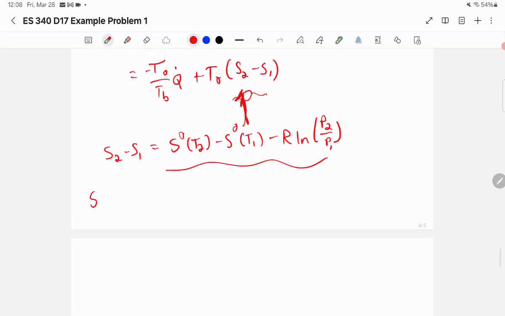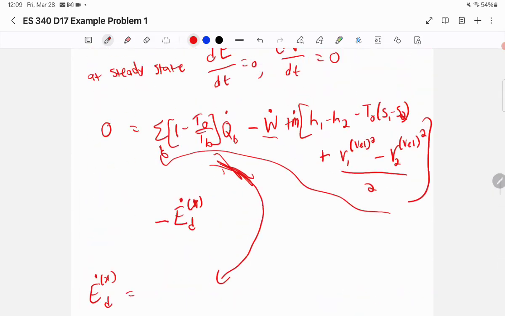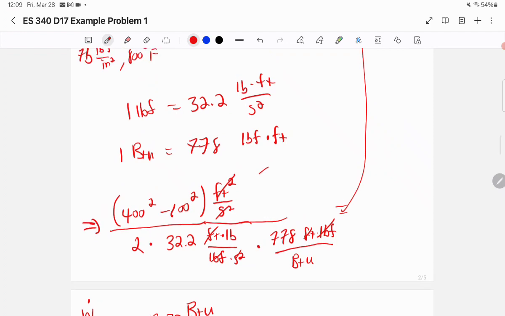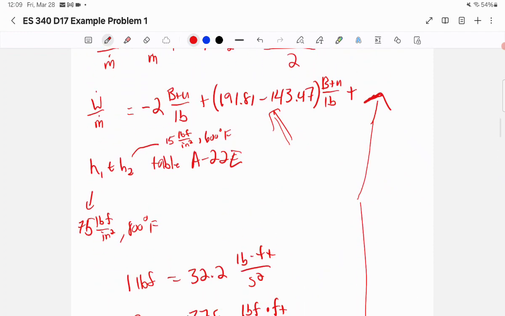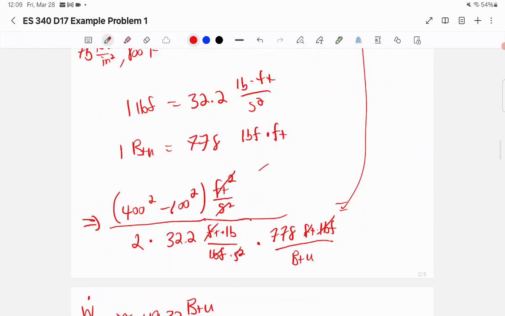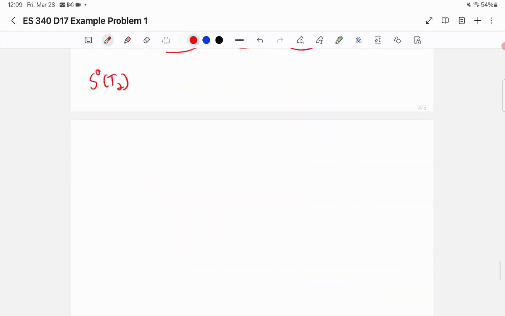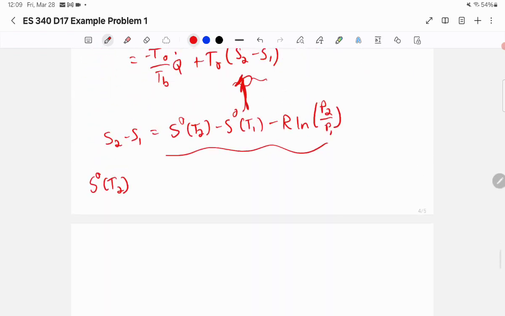What we find is s circle of T2, and I just need to remind myself what T2 was. Going way up here, T2 was 600 and T1 was 800. So s circle of 600 degrees Rankine minus s circle of 800 degrees Rankine. I'll just put in the temperature there.